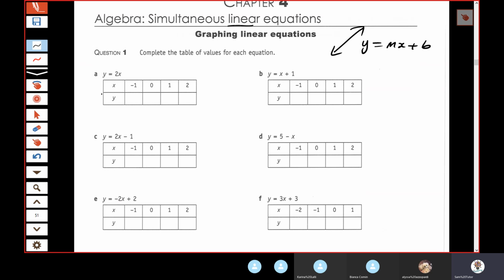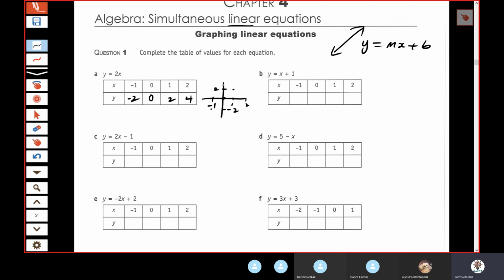There are two methods. The first method is table of values. So there it is, table of values, -1, 0, 1, and 2. Just sub it in. X is -1, X is 0, X is 1, X is 2. And then to graph this one, X is -1, Y is -2, X is 0, Y is 0, X is 1, Y is 2, X is 2, Y is 4.